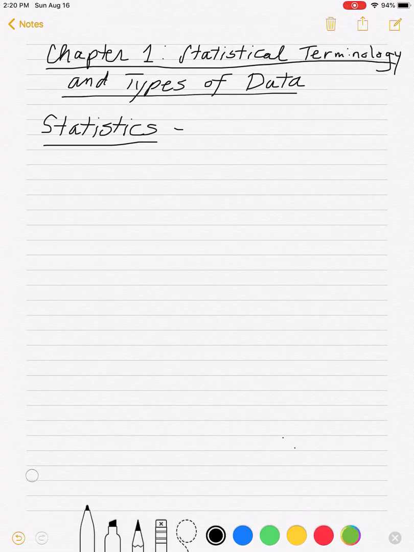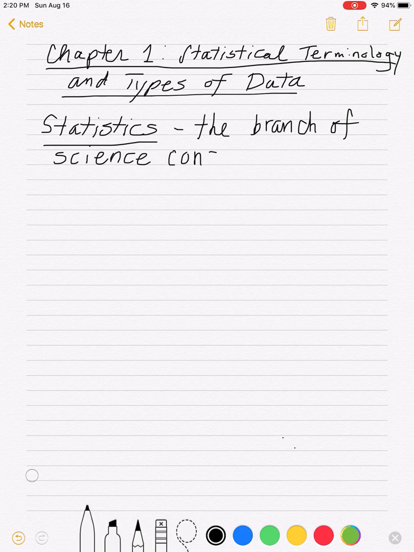So statistics is basically about information. It's about studying data. So statistics is the scientific study of data. The branch of science concerned with the study of data.